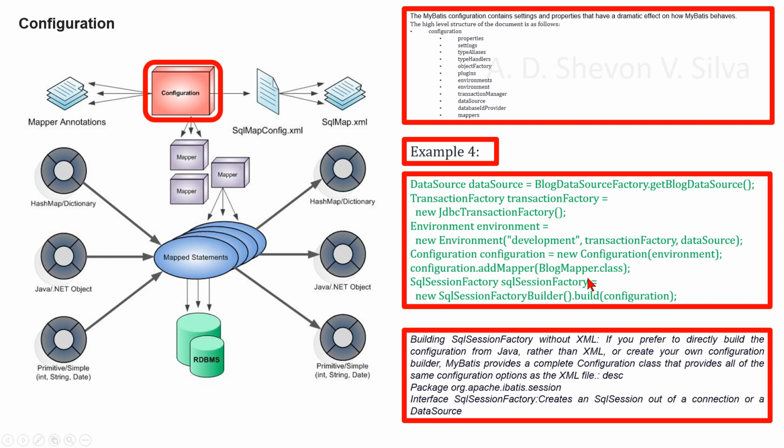For this reason, MyBatis will automatically look for and load a peer XML file if it exists. In this case, blogmapper.xml would be loaded based on the class path and the name of blogmapper.class.